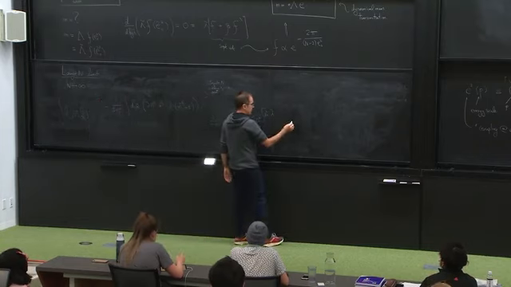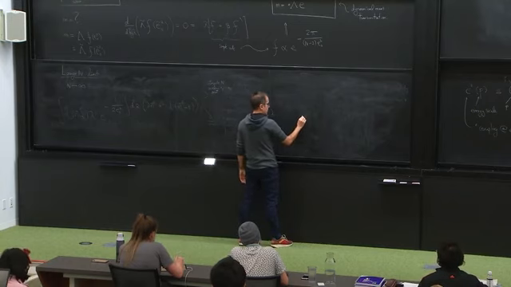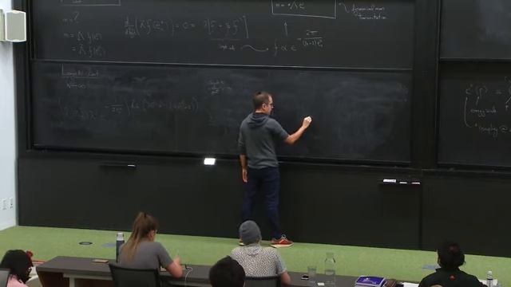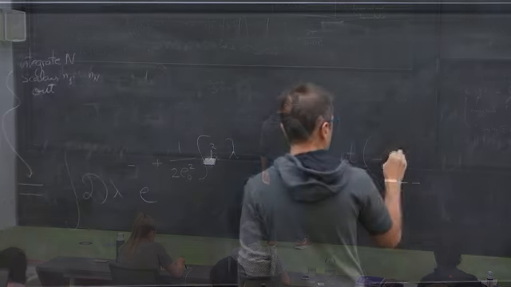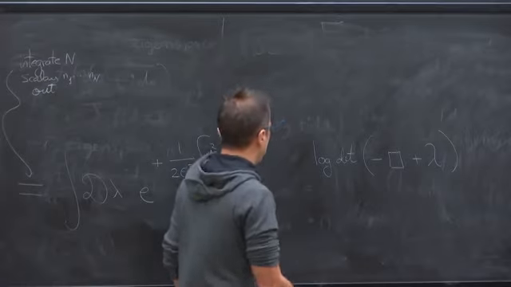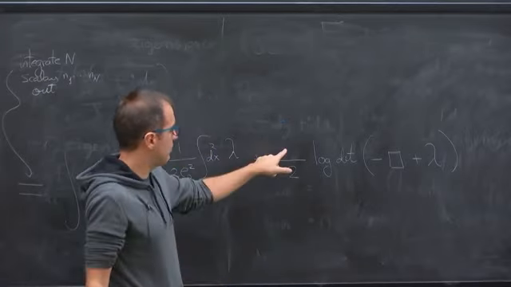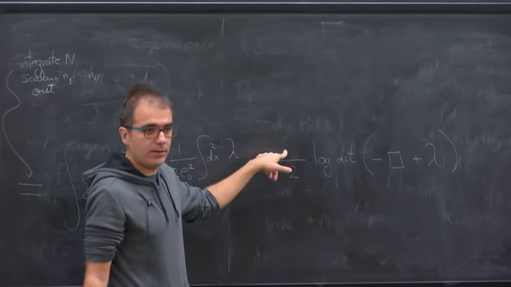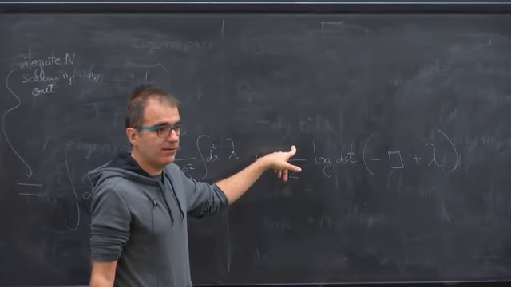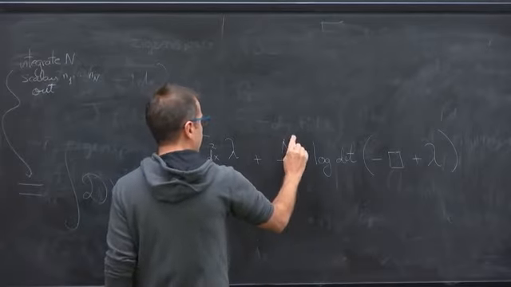So in the exponent we should put the logarithm of the determinant of this operator, minus box plus lambda, with a factor of 1/2 for the square root. And what else should I put up here? Should I put 1? N, because we integrate out n fields, and each gives a determinant.